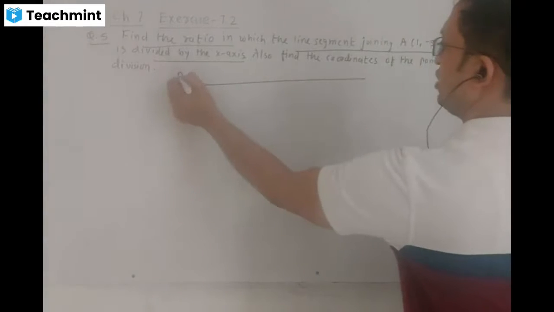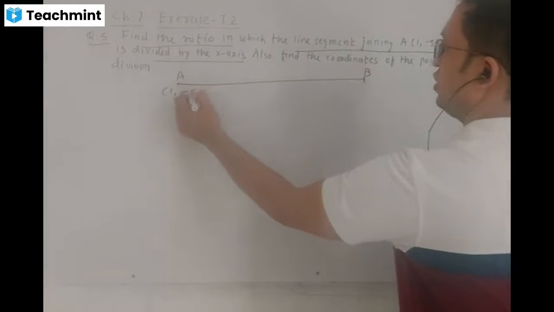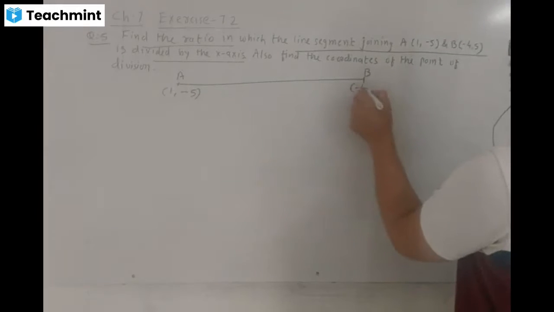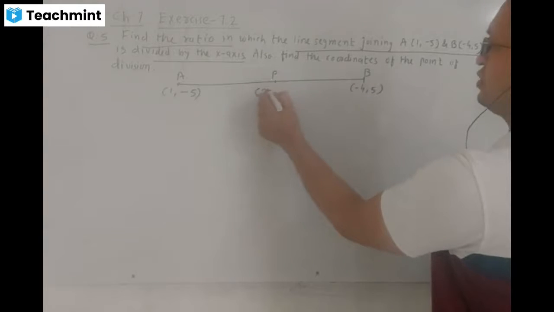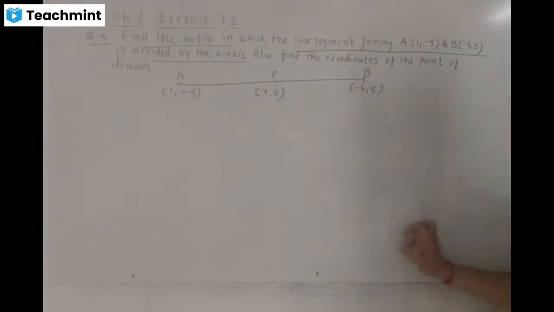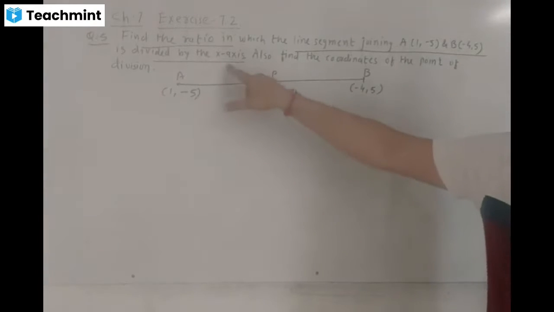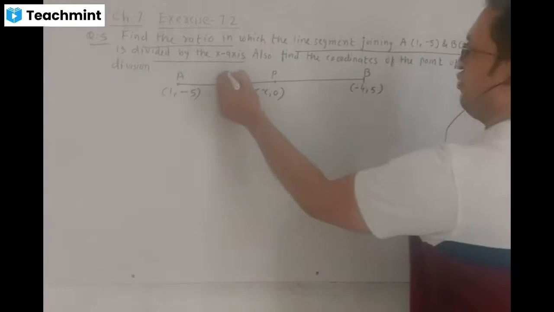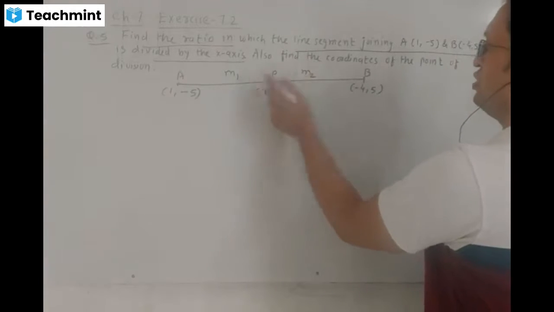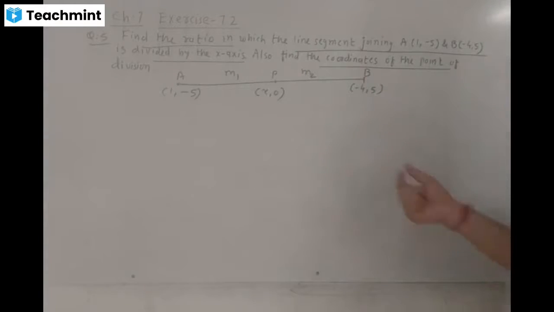Here line segment AB, A is (1, minus 5) and B is (minus 4, 5), and point P lies on the x-axis. Its coordinate is (x, 0), because point P lies on the x-axis and the y coordinate is 0. Find the ratio m1 ratio m2, meaning AP ratio PB, and also find the coordinate of the point of division, meaning find the coordinate of P.